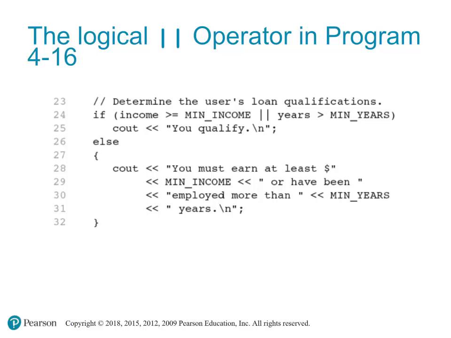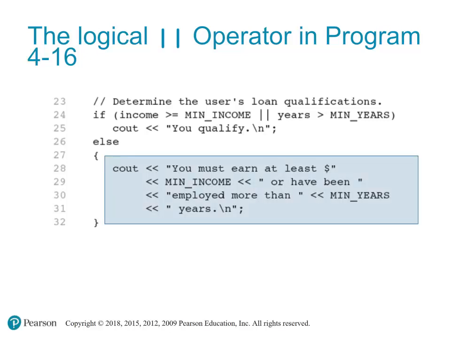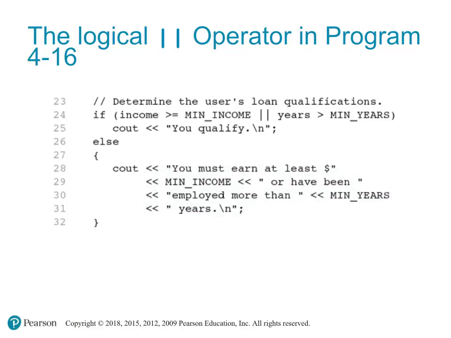The program uses the double vertical bar, which is the OR operator, to check either of the conditions: income greater or equal to mean income, or years greater than mean years. The user qualifies if either of these conditions is true. If neither condition is met, the program informs the user about the minimum requirements for qualification.